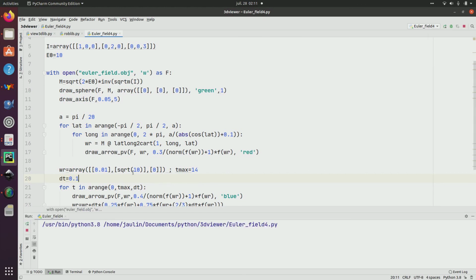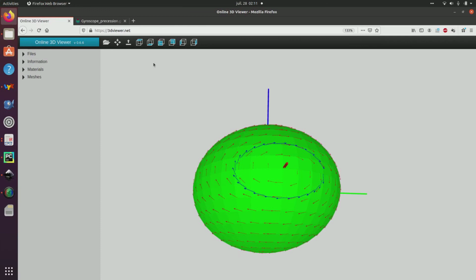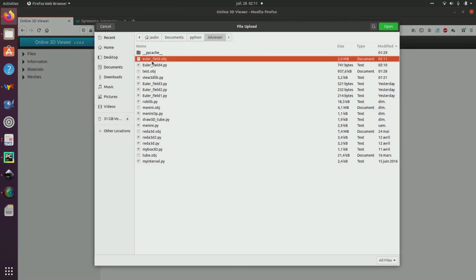And we can see that here I am just near to the second principal axis, which is unstable as we have illustrated before. I come back here. I take this file. It takes time.